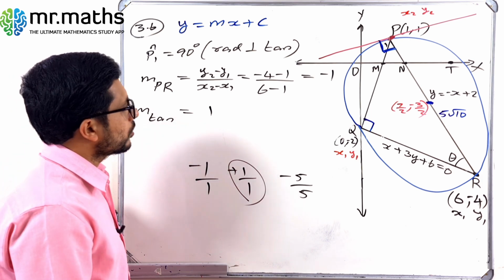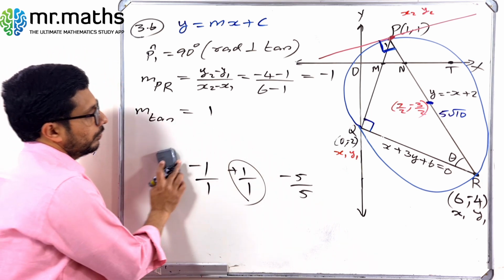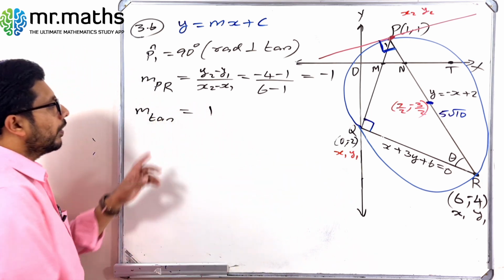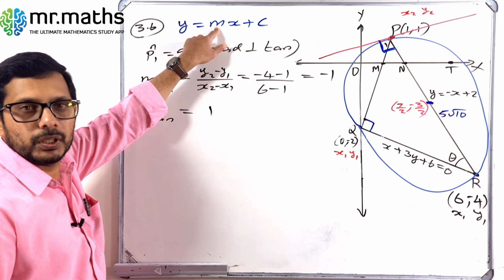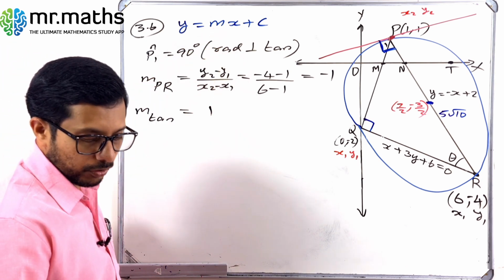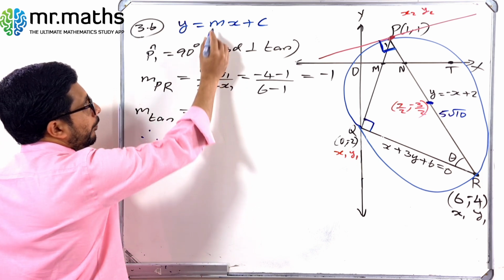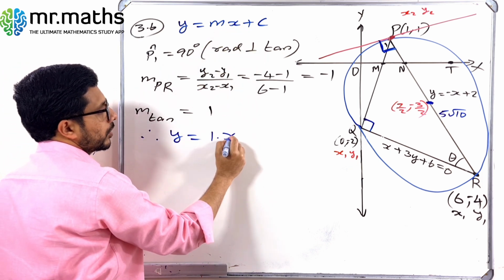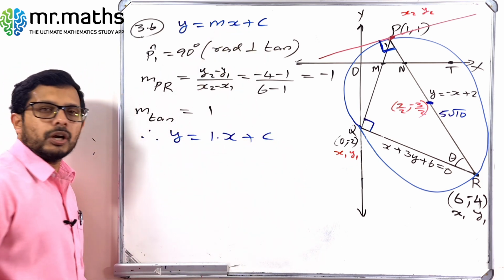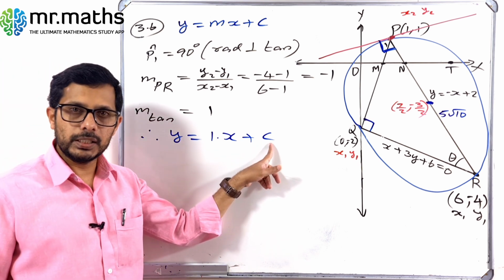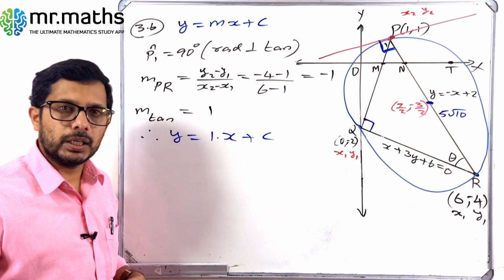Now we know the value of the gradient m. So how can we write the equation? Therefore y is equal to 1 times x plus c. Now we have to find the value of c. How can you find it?